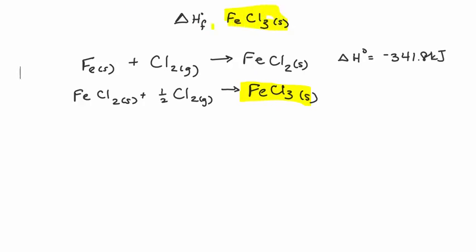But because it says delta H f, of formation, we need the reactants to be simple atoms. FeCl2 is not a simple atom, so this delta H here is not the delta H of formation.